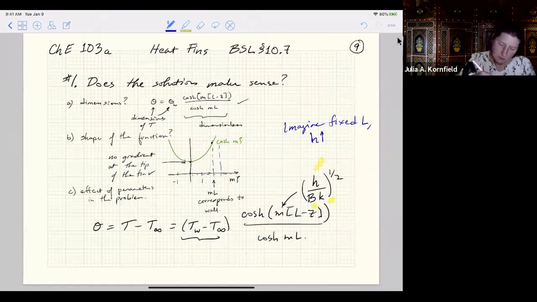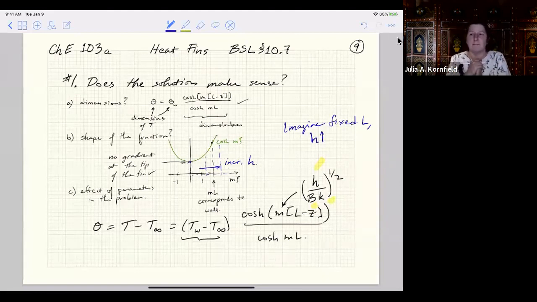And if h decreased, you'd move further in. So that's the direction of increasing h. And so that means that as h increases, you have a bigger temperature difference between the wall and the end of the fin.